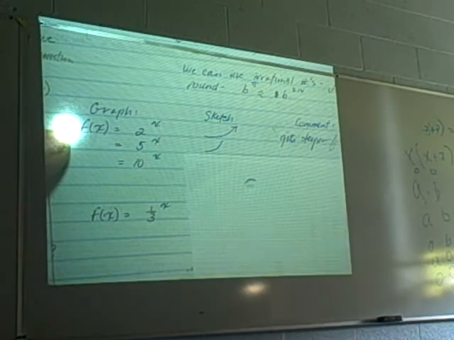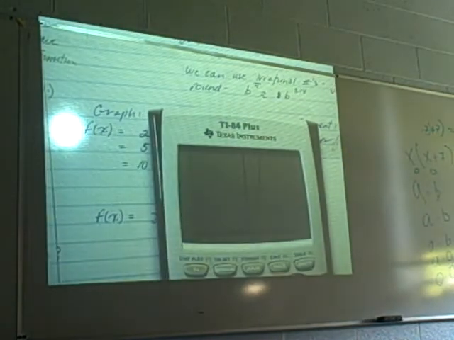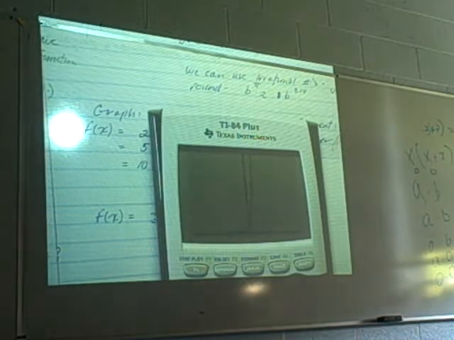Let's graph y equals, and we'll have a base of 5. What happens here? Steeper. Yeah, so you know that they're going to get steeper.